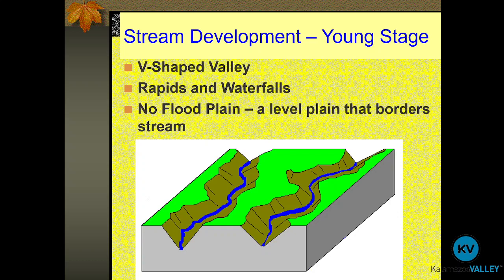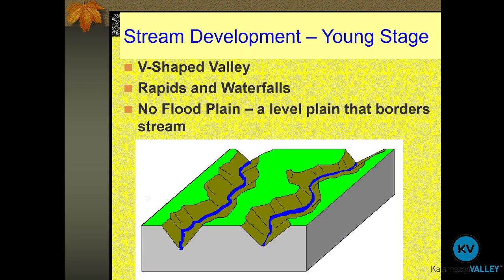With this stage, we can sometimes get rapids or babbling brooks or waterfalls because it has done so much cutting away that there are some significant enough jumps in topography within that stream bed that we can have a localized increase in water velocity, or waterfalls or rapids, in other words.